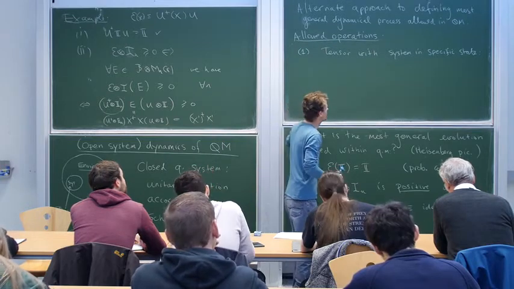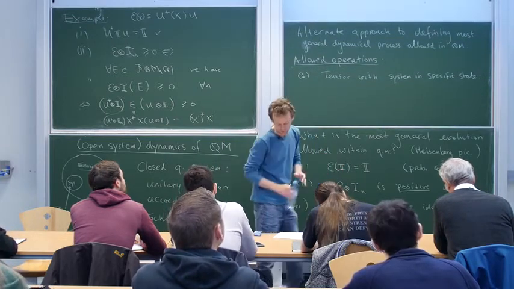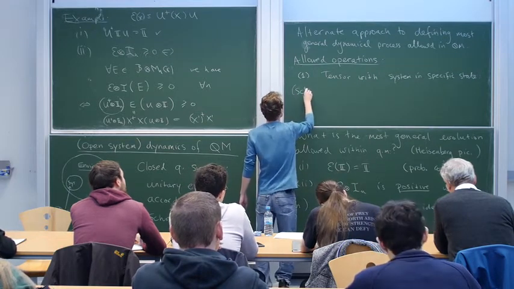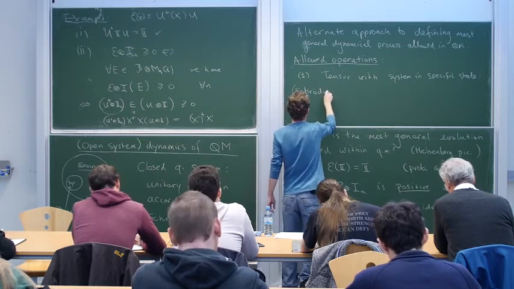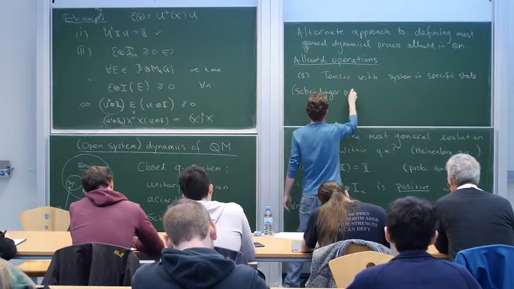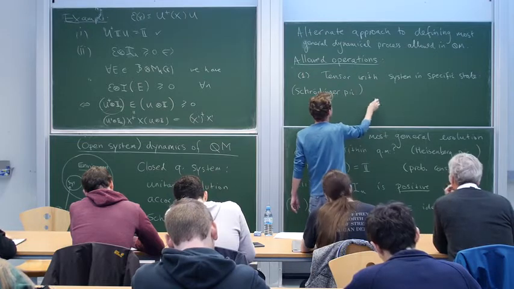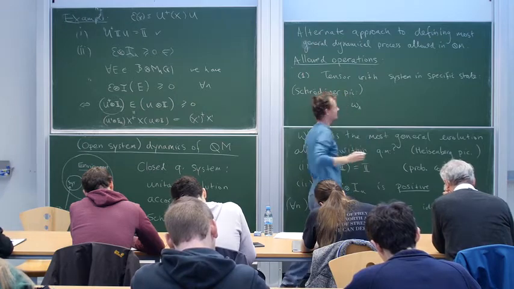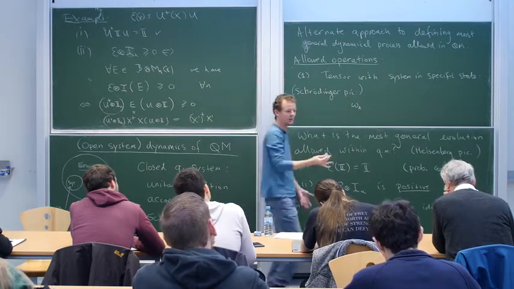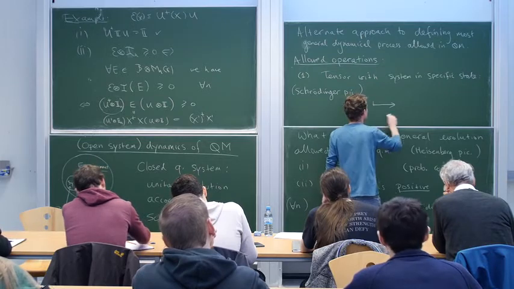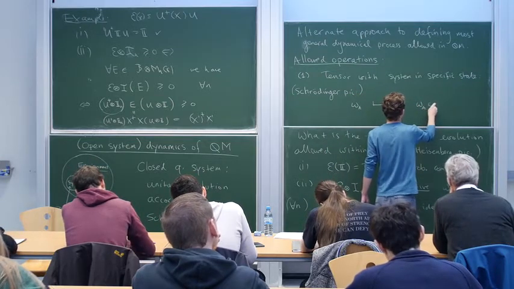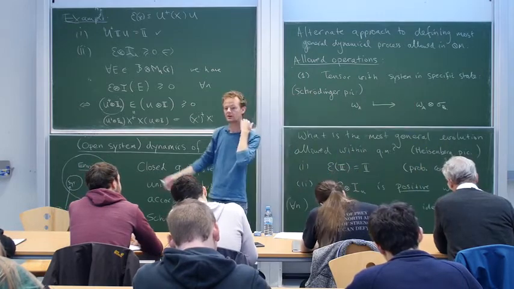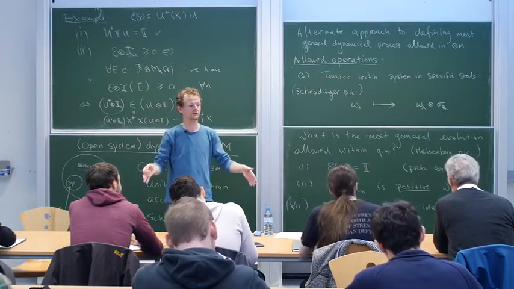And the way we describe that in the Schrödinger picture is if your system A is in the state omega, you are allowed to build a bigger system by adjoining a quantum system in the state sigma.